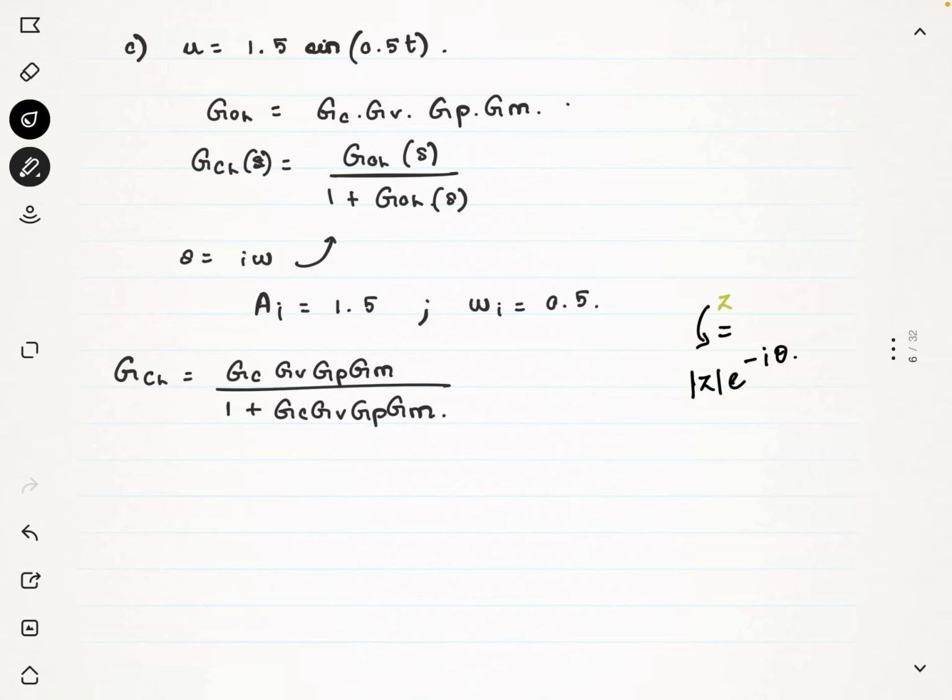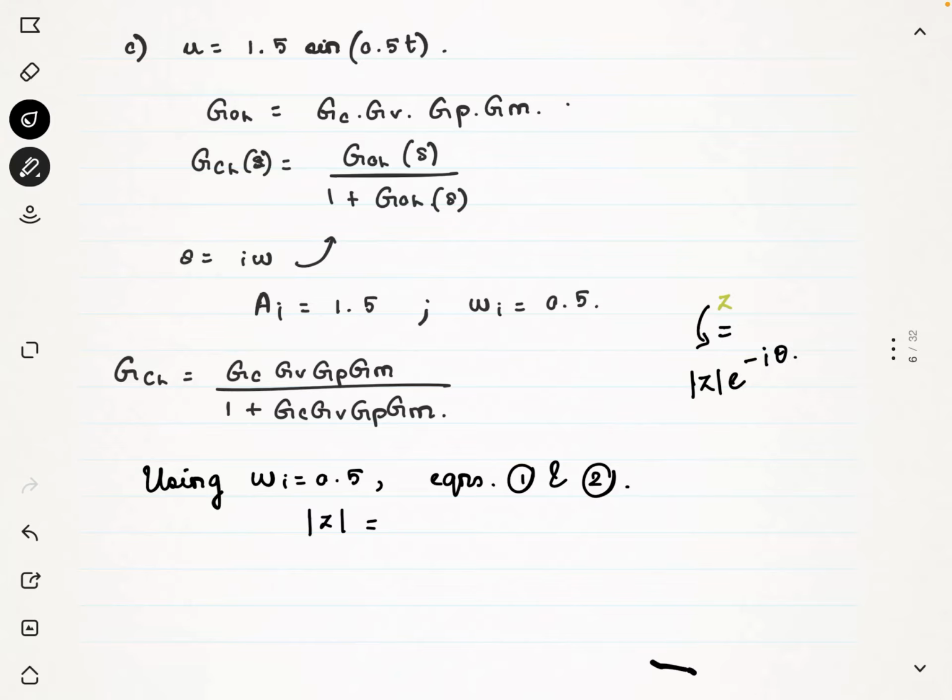So the modulus of z for this particular input frequency omega, so using omega is equal to 0.5, we can substitute it in equations 1 and 2. So the amplitude ratio will give the modulus of the complex number.